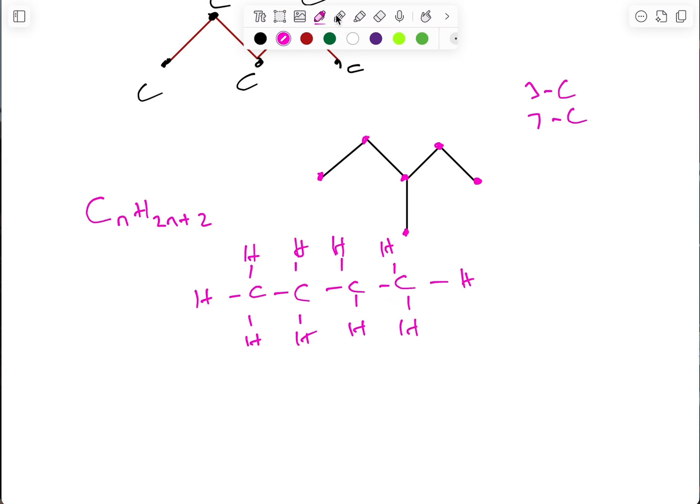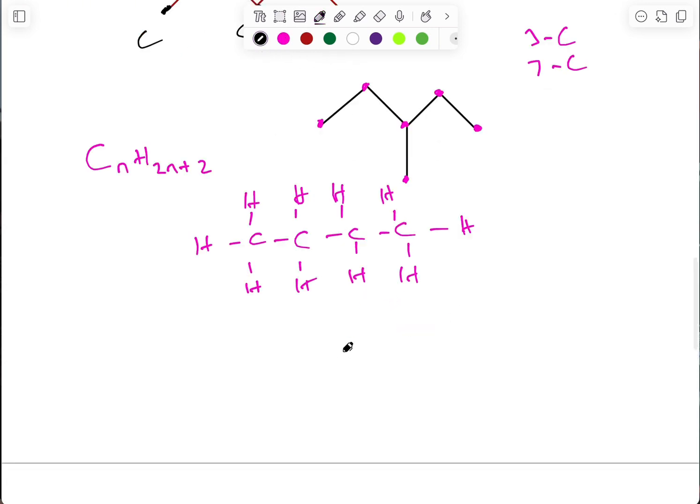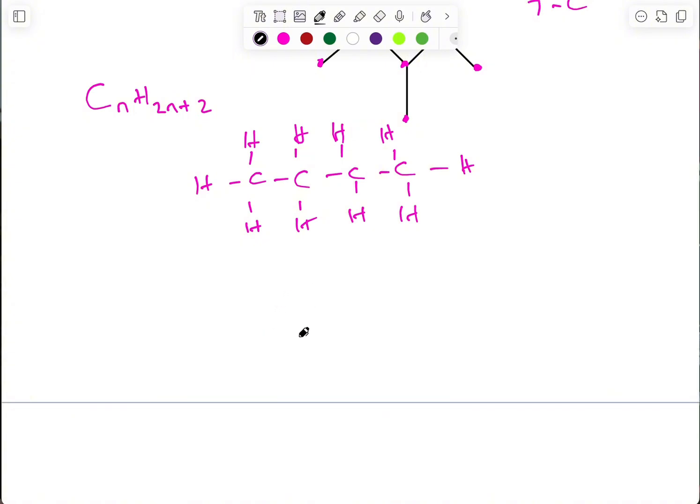Now, the best way to draw this, I will always use the zigzag structure. So you have 4 carbon atoms: 1, 2, 3, 4. This guy is also this guy. They are the same thing.